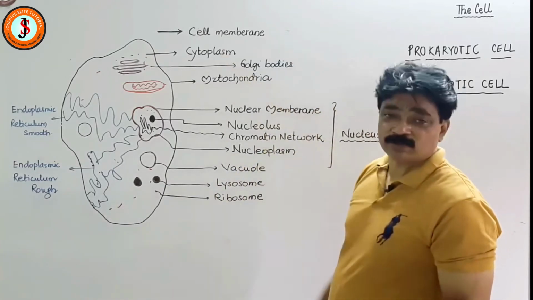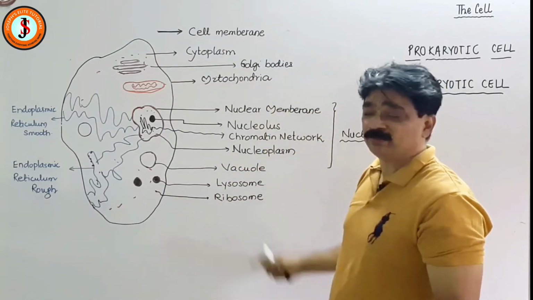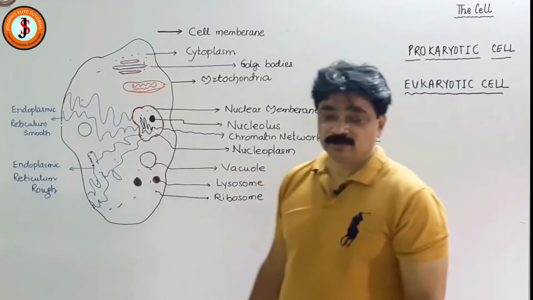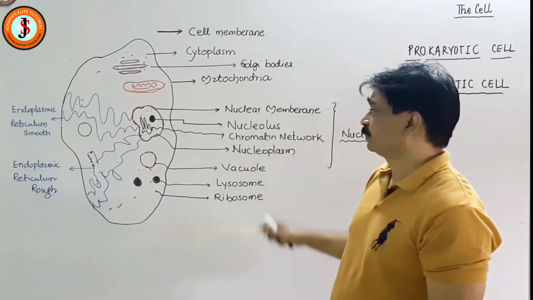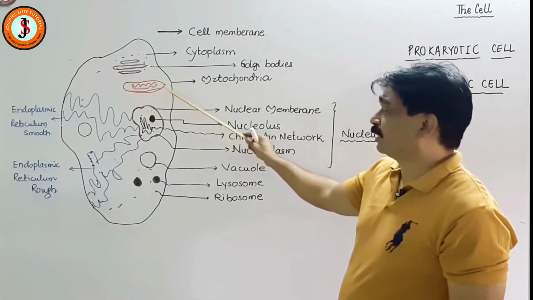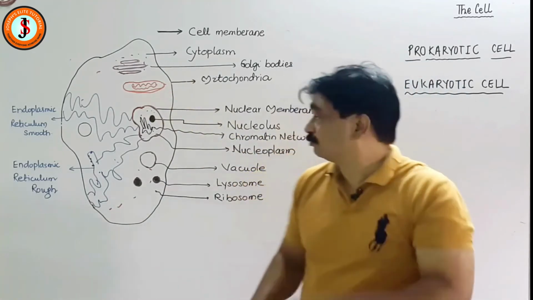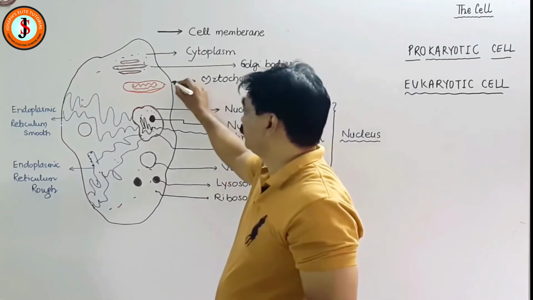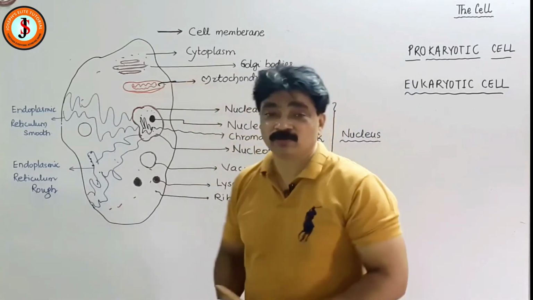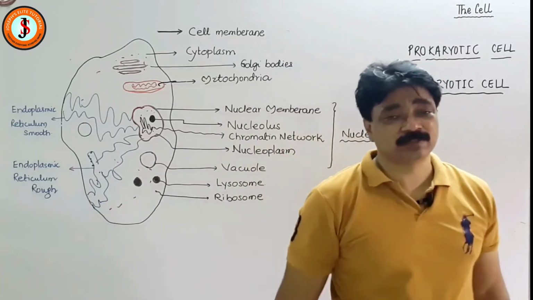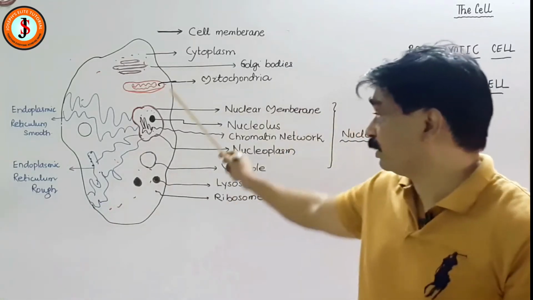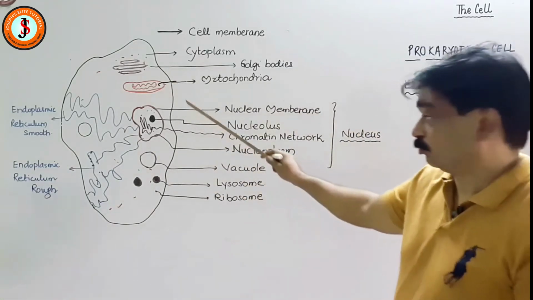Then the cytoplasm, I told you, is the ground material in which other organelles float, the fluid inside. Then the mitochondria. Mitochondria is a very, very important structure. Remember, put your focus there.